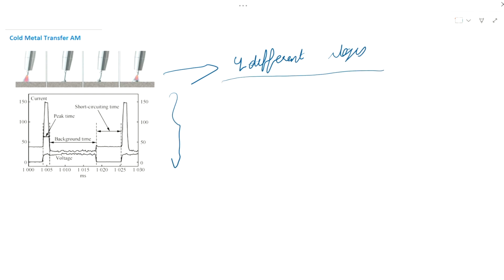This graph is taken from a research paper and it relates each stage of the metal transfer with the current and time graph. The first stage is where we initiate the arc and the filler material is moving towards the substrate.